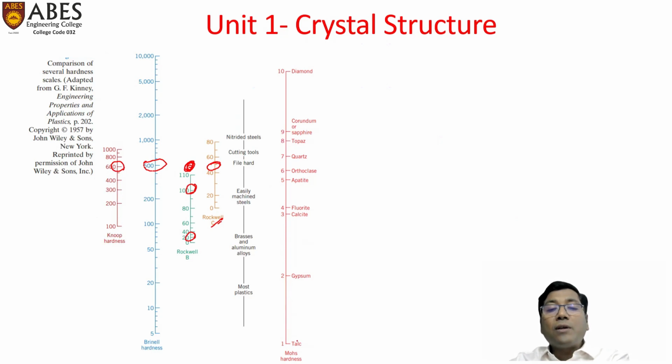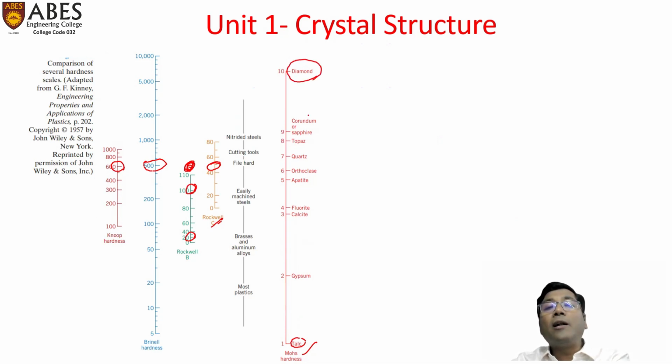And the far right is the Mohs hardness scale, which was used earlier, before these hardness testing techniques were developed. The Mohs scale was applicable to identify the hardness values of various materials. So 1 was the value of talc, and 10 was the value of diamond, the hardest material known.